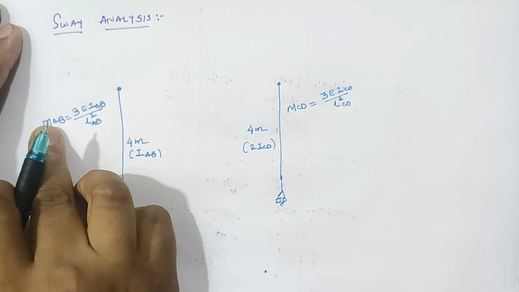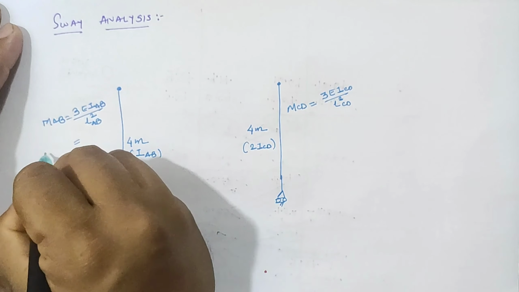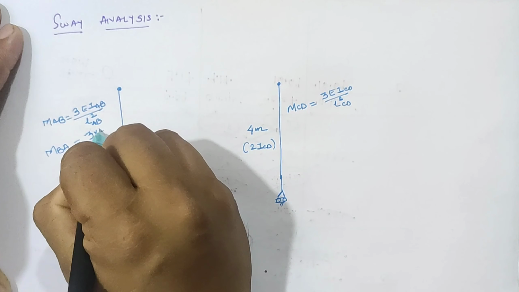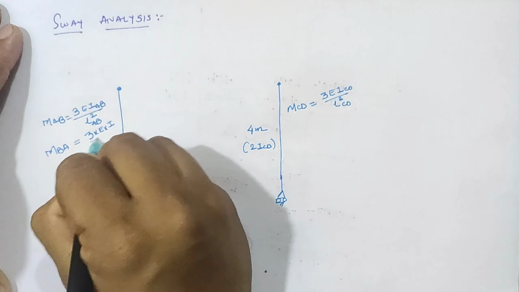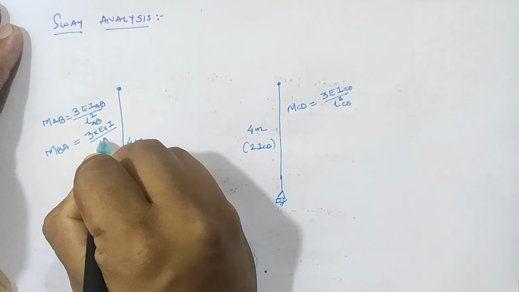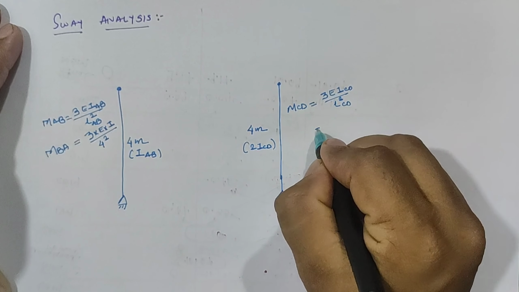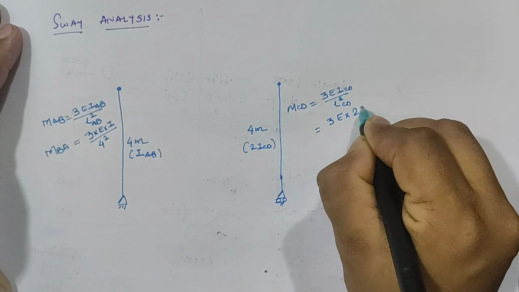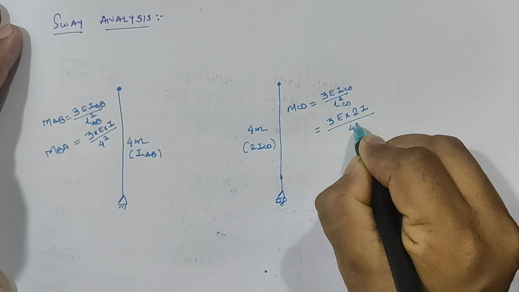Hence for MBA it is 3EI by 4 square, while for MCD it is 3E into 2 times I divided by 4 square.